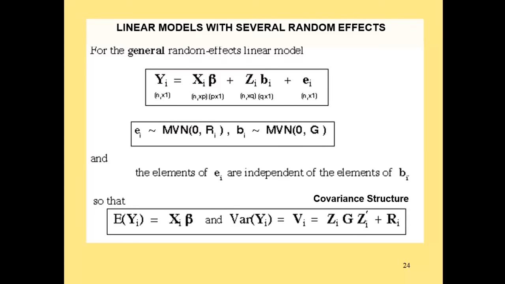So, in this very general form of the random effects linear model, we assume that the errors and the random effects are distributed multivariate normal. And if you're not familiar with multivariate normal, it's essentially a normal distribution for a vector rather than a single variable.